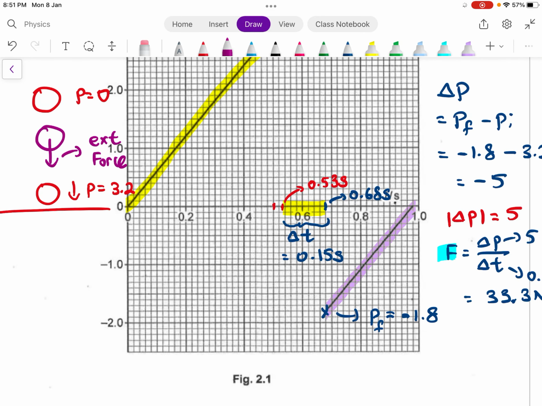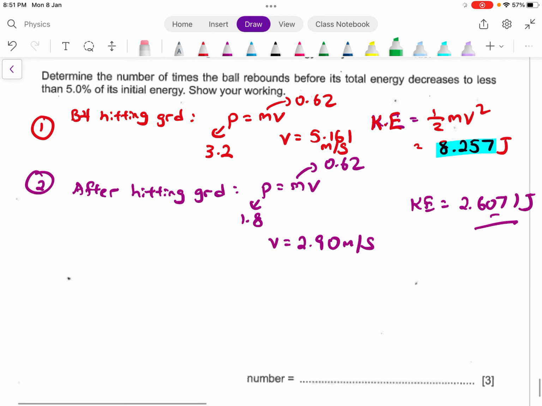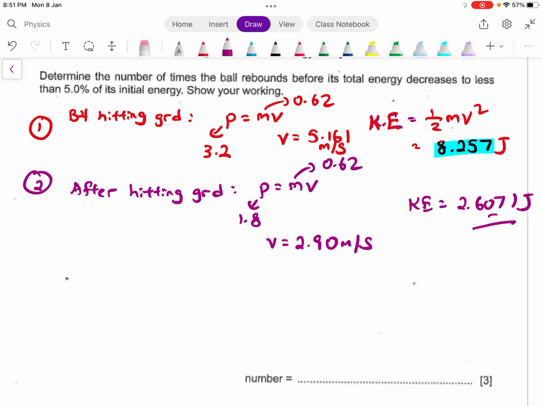You need to look at this part. You need to look at this momentum here, then you just calculate your kinetic energy. After determining your kinetic energy, you realize that after my first bounce, I only have 2.6071 joules of my energy left. So I need to determine the percentage of energy that's left.